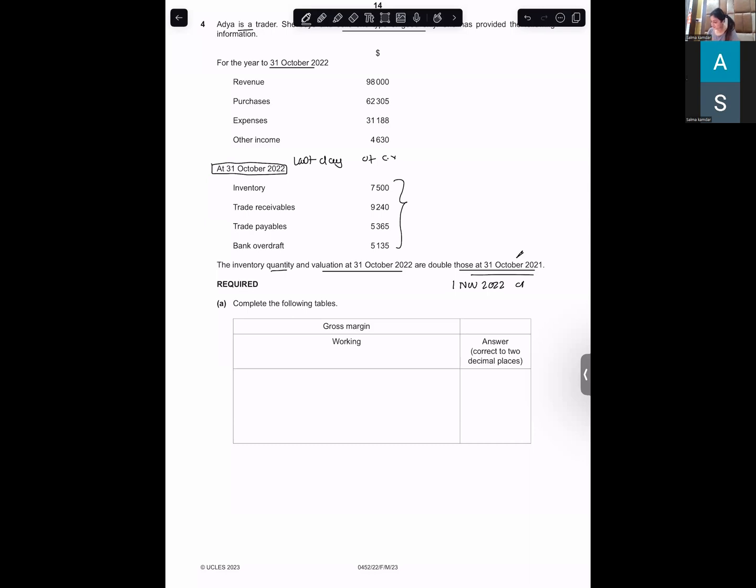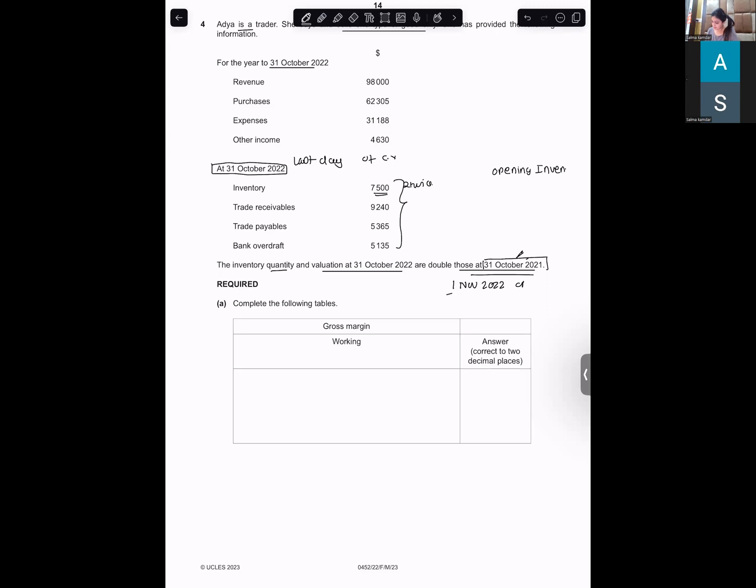So the closing inventory on 31st October 2021 would become the opening inventory of our current year. They are saying that this inventory is double, that means this is twice.